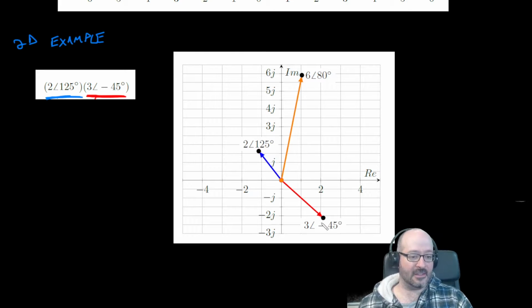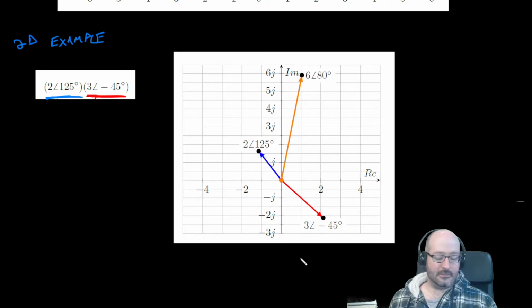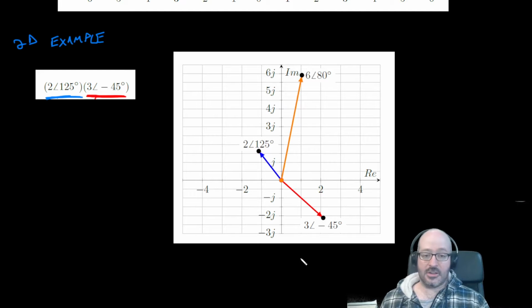I could take this 3 at an angle of negative 45, stretch it to be twice as long, so I'm out here at 6 again, and then rotate it by 125. So negative 45 plus 125 is going to rotate me up here to 6 at an angle of 80. All right? Stretching and rotating.